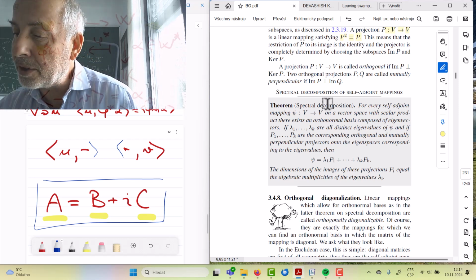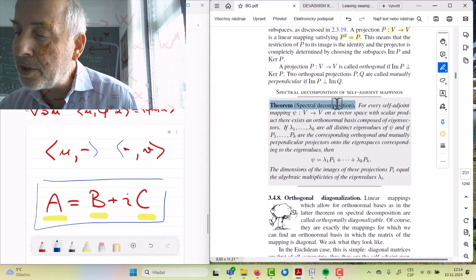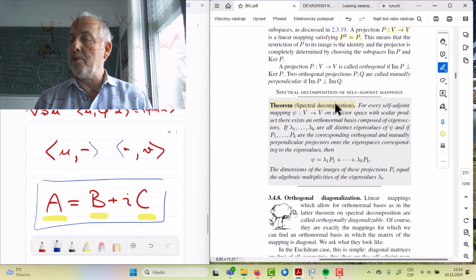And this is then the rephrasing only of what we have already deduced. That's the very famous and very crucial spectral decomposition theorem.